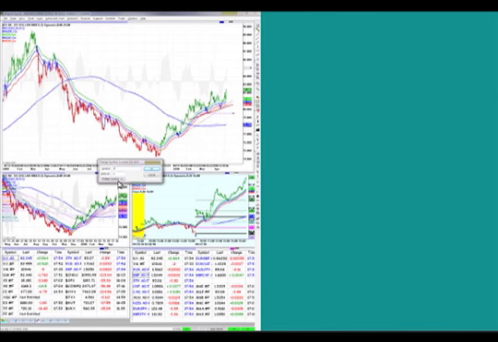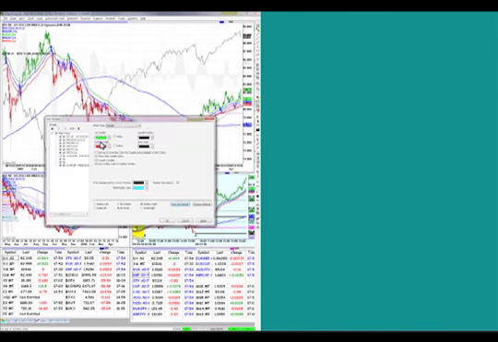Well, here is an overlay. This is the YM contract, here's the Dow in black and white, and the dollar in my graph.